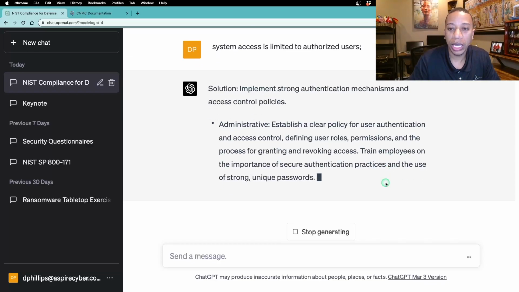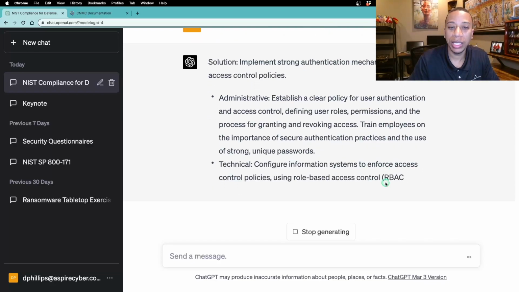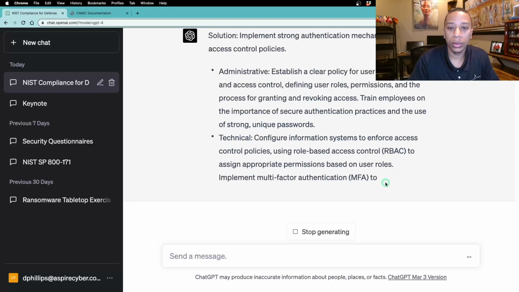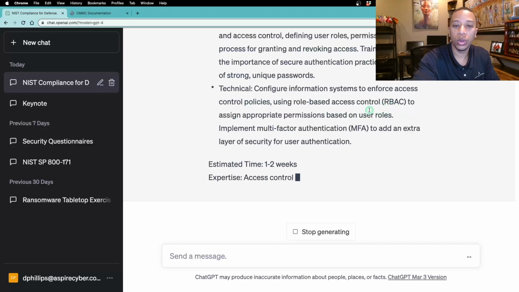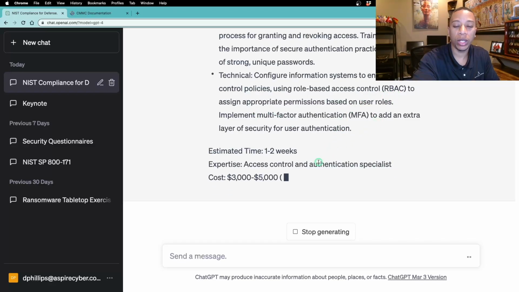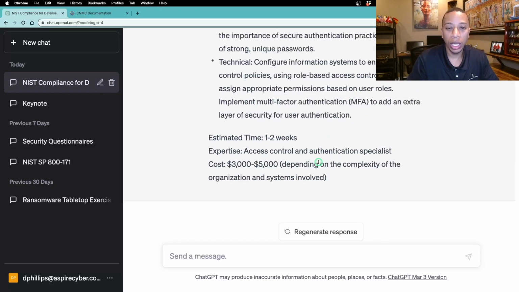Again, we're going to have that clear access control policy, having that role-based access control solution and having multi-factor authentication. You're going to see as we go through each assessment objective that the recommended administrative and technical solutions are going to overlap. For example, role-based access control is going to satisfy more than one assessment objective.